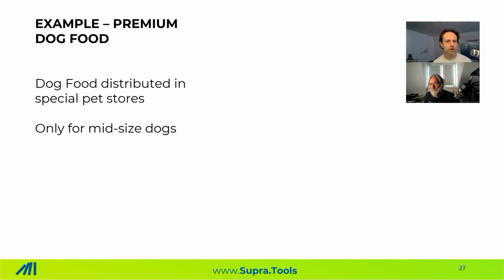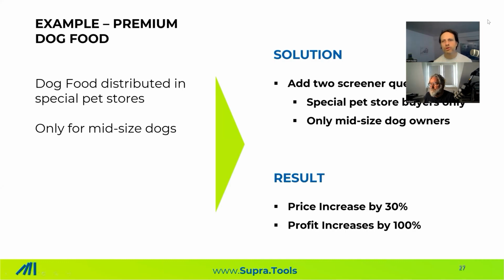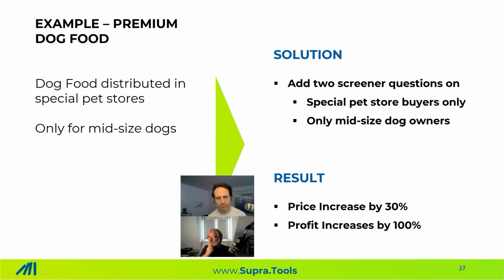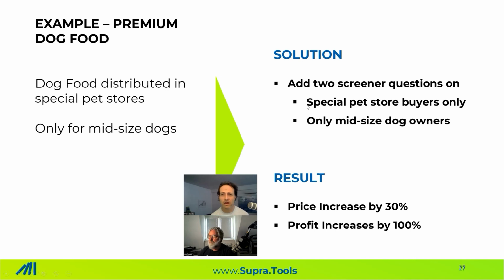Dog food, which is distributed in pet stores. This certain product is for mid-sized dogs. Obviously small dogs eat something else than large dogs. I don't have a dog, but that's how it is. So they needed a special screener with 2 additional questions.